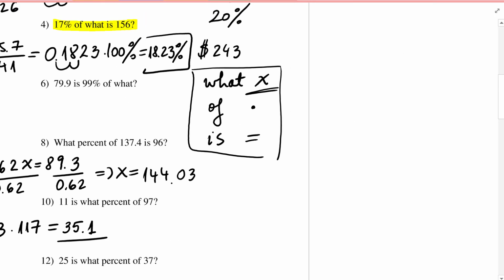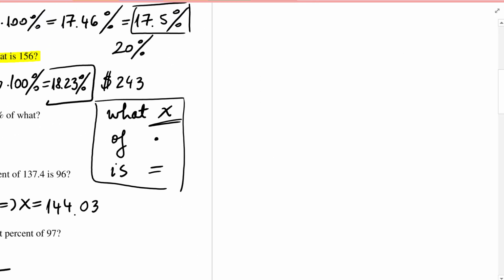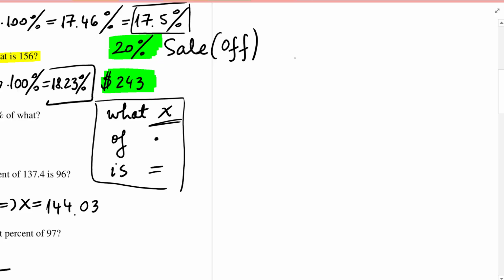So now, let's go back to the problem that I started with when I was telling you about 20% sales and you find some product that is 243. So if it's on sale, basically off, right? So we want to find out what is 20% of 243, how much you are going to save actually.